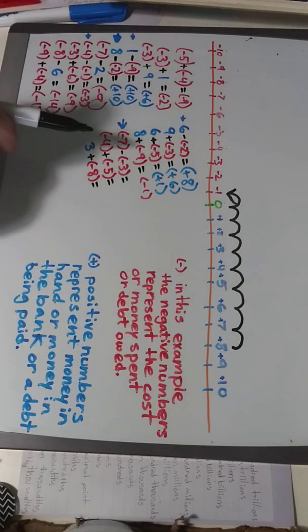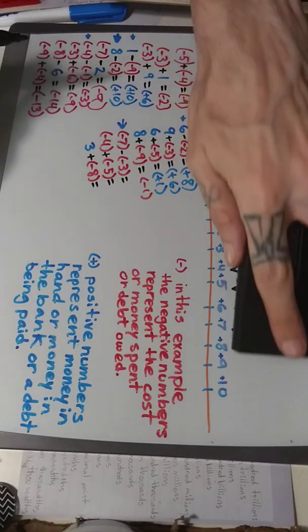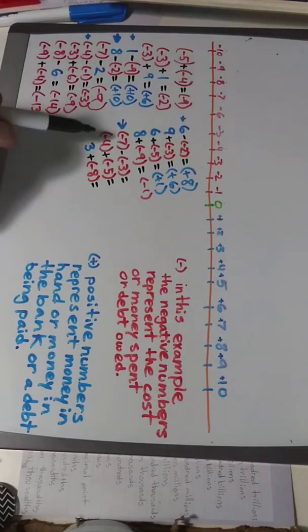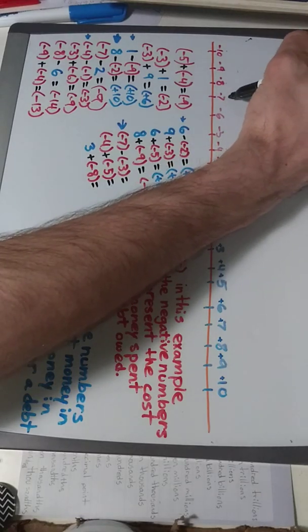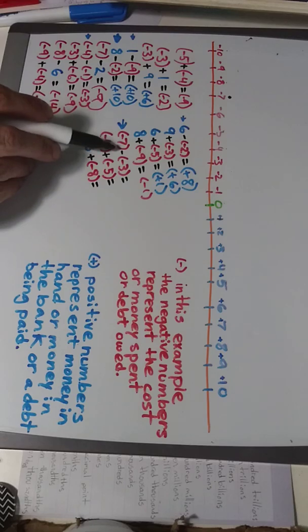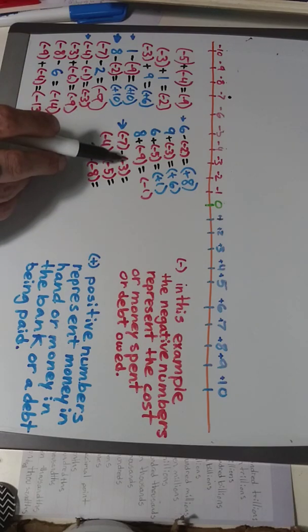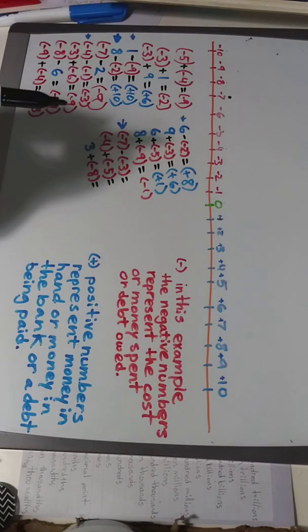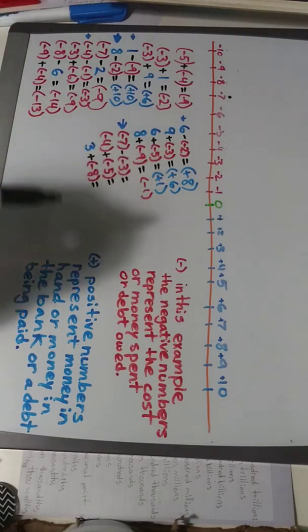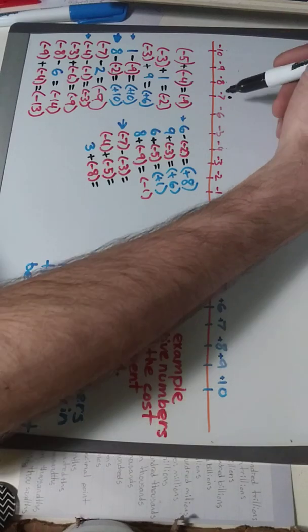Okay, so negative 7 is where we'll begin in our next equation. So negative 7, and then we're going to minus a debt of negative 3. So we're going to take away a debt of negative 3. So someone's paying us back that 3.